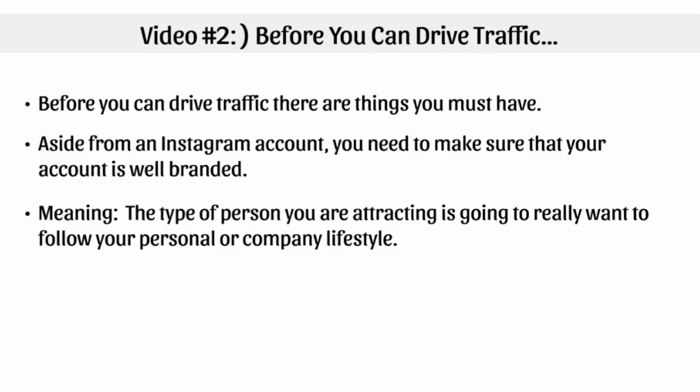Now, I touched briefly on this before, but as you know, different social media platforms are different, right? Instagram is all about the lifestyle. People follow you on Instagram because they want to know more about you on a very granular level, meaning they want to know more about your lifestyle.